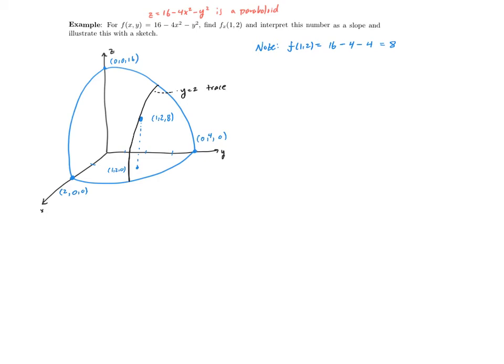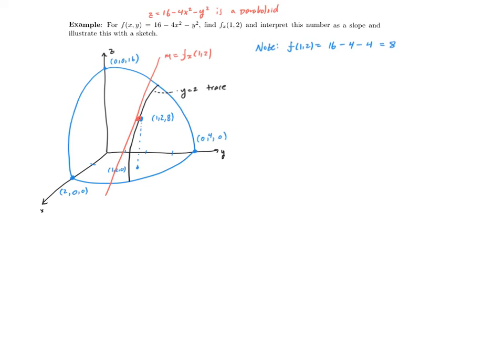And the tangent line to this trace at the point (1, 2, 8) in the y equals 2 plane has a slope given by the partial with respect to x at that point (1, 2). And stated as simply as possible, we are fixing the value y equals 2, which puts us in the y equals 2 trace, and then we think about how we change if we let the x vary.